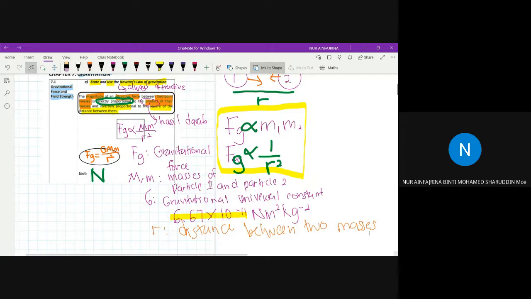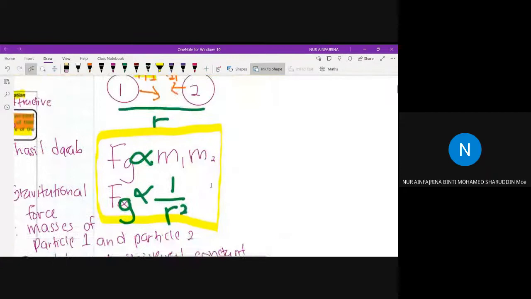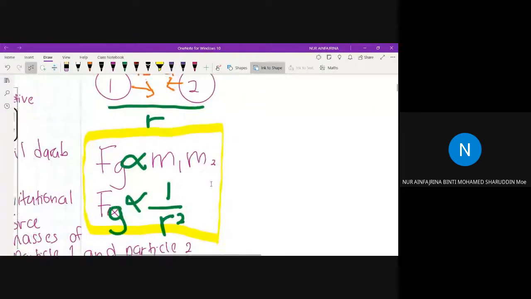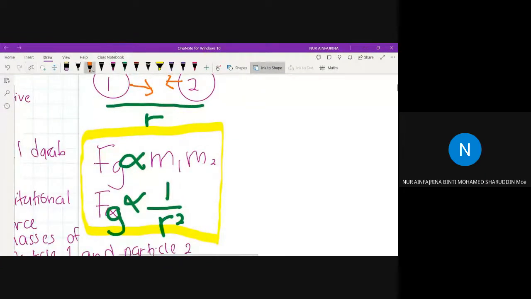Okay, now my question. Miss bagi masa salin ya. For example, if my product of masses increases, what happened to your gravitational force? Increase or decrease? Increase, very good. Okay, now what if your distance between two particles increases?